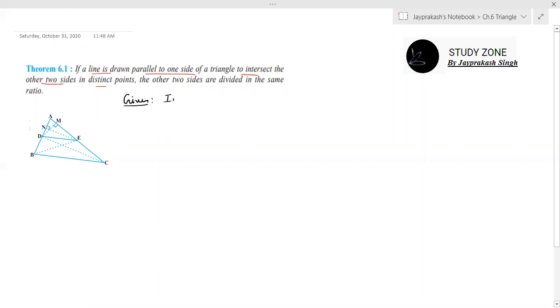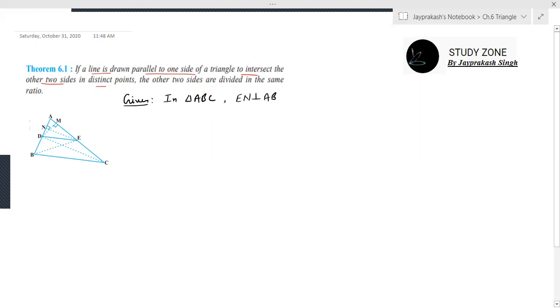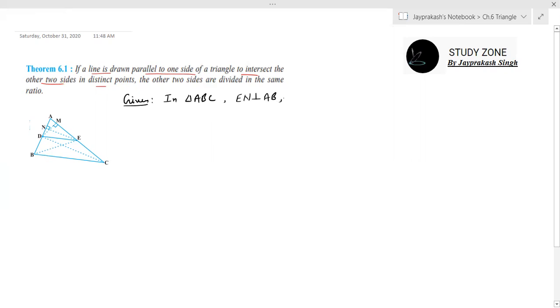So we can write here, in triangle ABC, EN perpendicular to AB and DM perpendicular to AC.